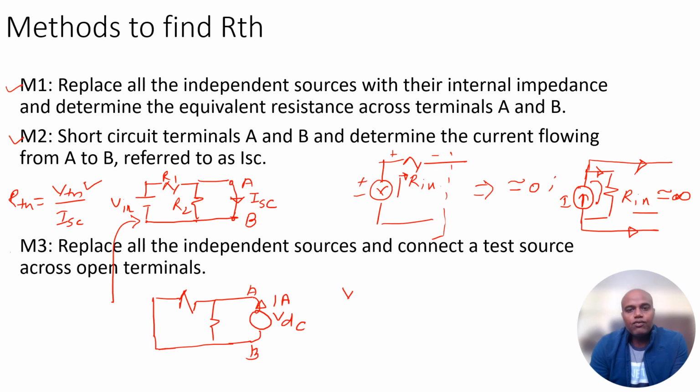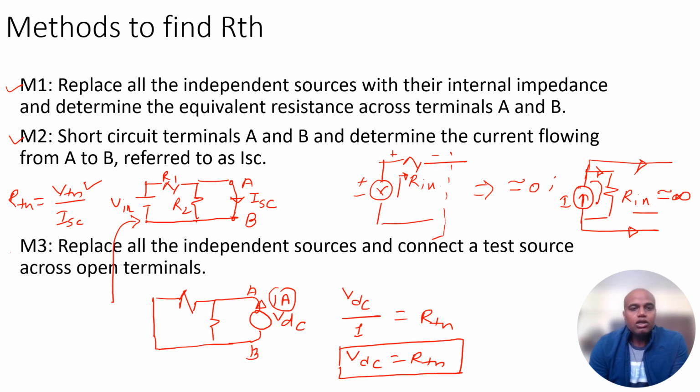So if we find VDC over the current given by this voltage source, which is 1 ampere here, that is nothing but the RTH. In other words, VDC becomes the RTH for this third method.